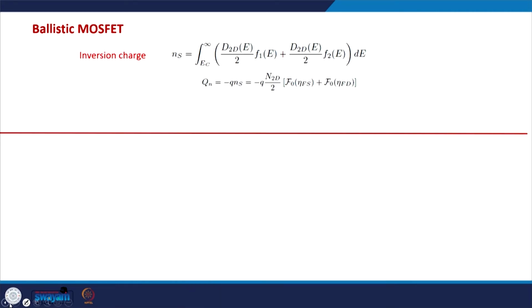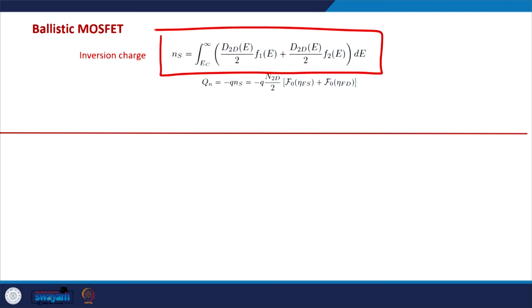So finally, the charge in a ballistic MOSFET can be calculated using this expression, which is a pretty general expression, and here, since the density of states of a 2D channel is independent of the energy, this integral will have a Fermi-Dirac integral of order 0. So this will be the charge expression.